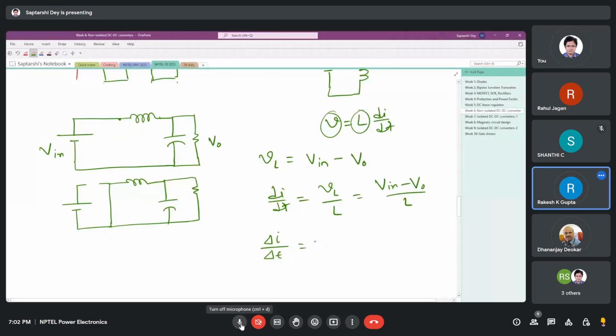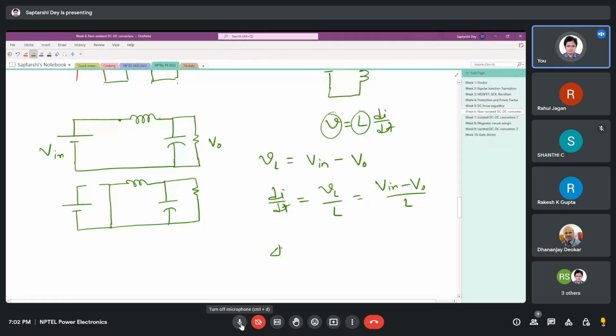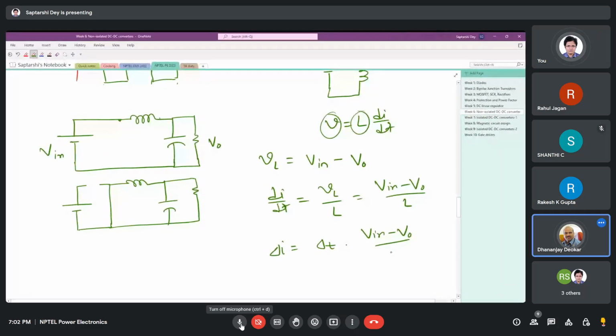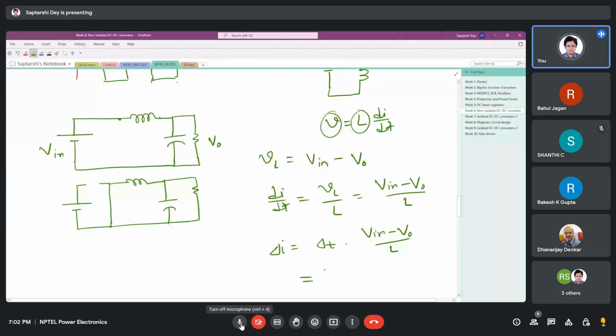So if you want to have a peak-to-peak ripple in the inductor current, that is delta I, which is given by delta T times V in minus V0 divided by L, which is also equal to, what is delta T? Delta T is DTS.